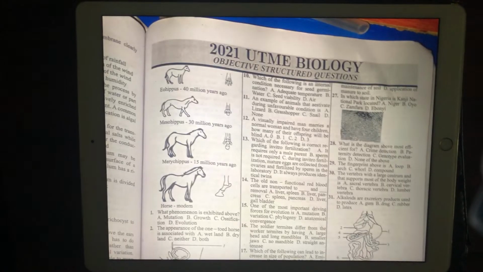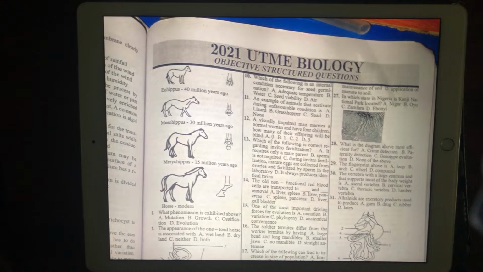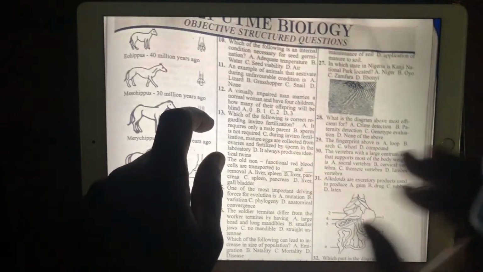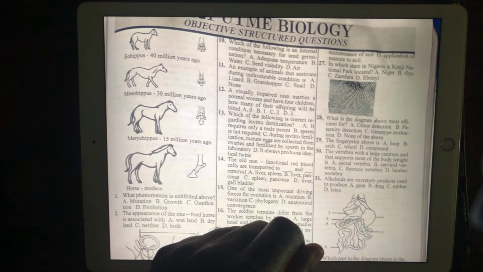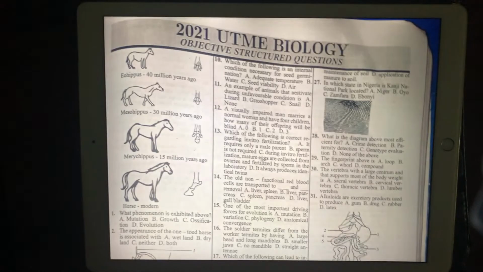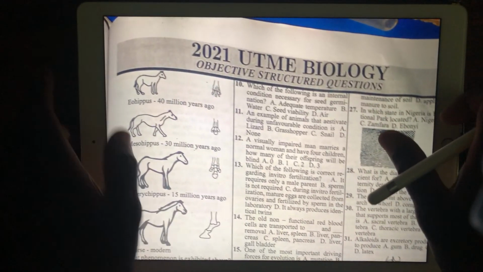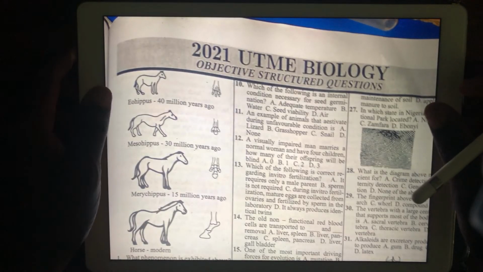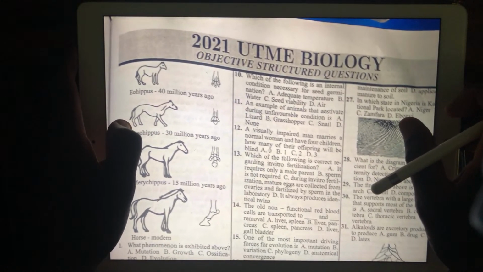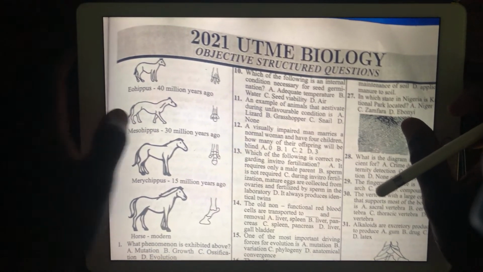I have not shared it to that WhatsApp group. So these questions will serve us for the day. I hope for those watching live, the screen is clear.